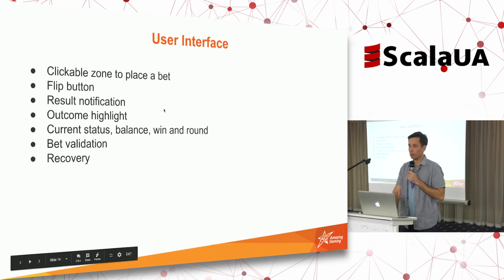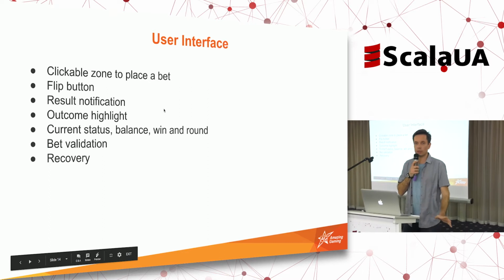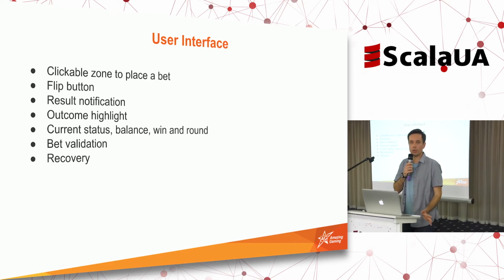When you're making an application, you probably start with user requirements, then proceed with the user interface, and then go down to the backend. Let's try to implement a simple game, the simplest that comes to my mind is coin flipping.